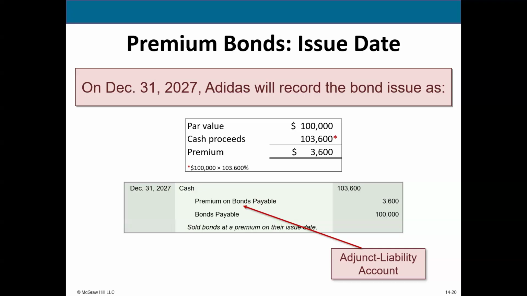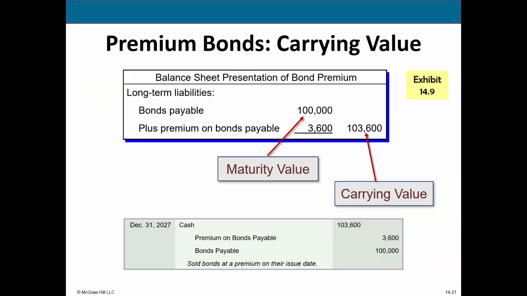Now, for this calculation on our liabilities on our balance sheet, it'll show the bond payable at 100,000.